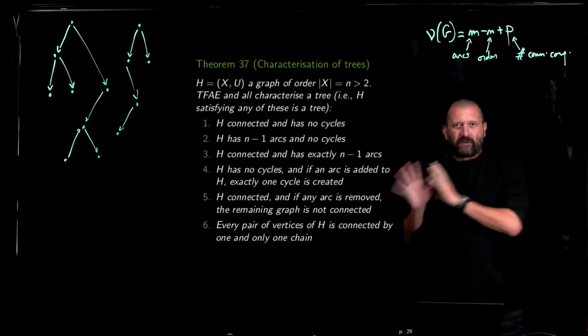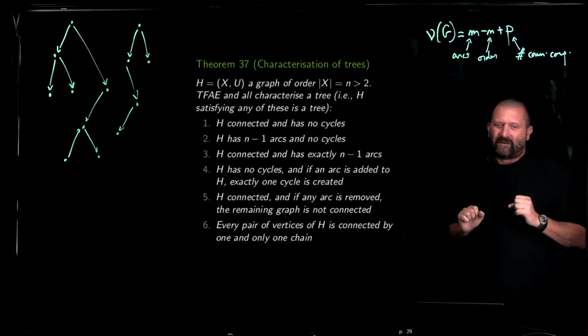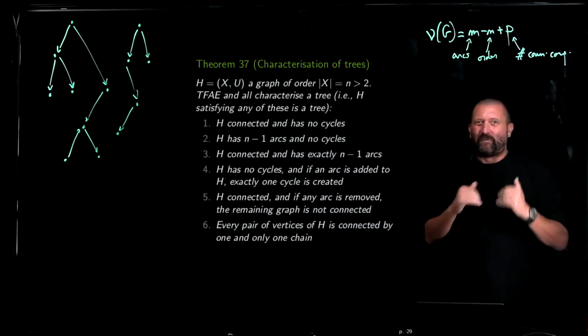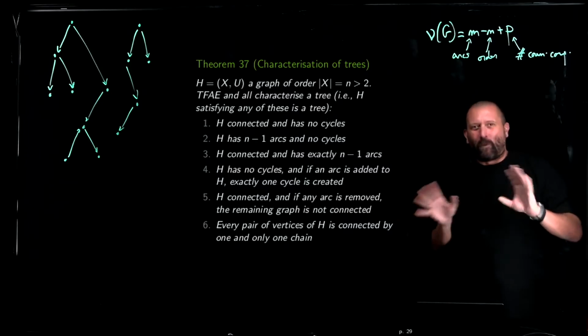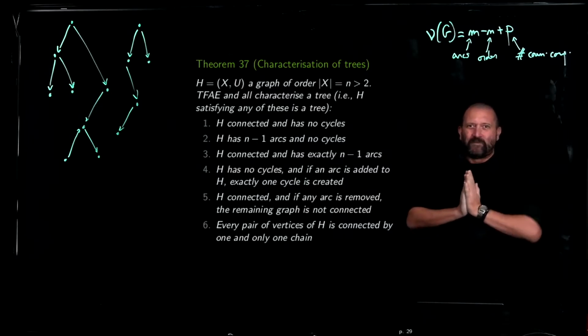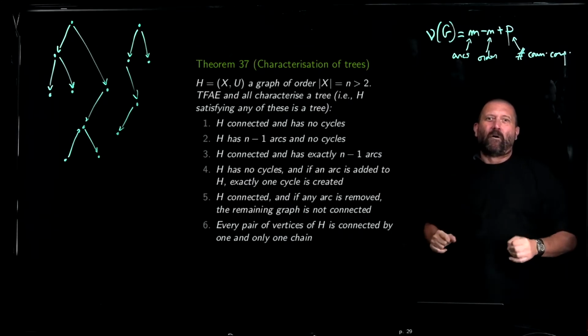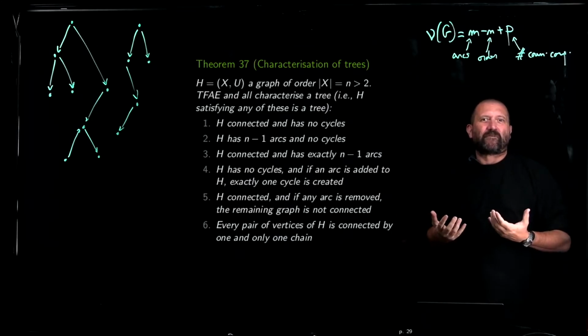And we are going to prove this theorem. It's going to take us a little while, probably keep us occupied the remainder of the lecture or almost. So this is a theorem on the characterization of trees.